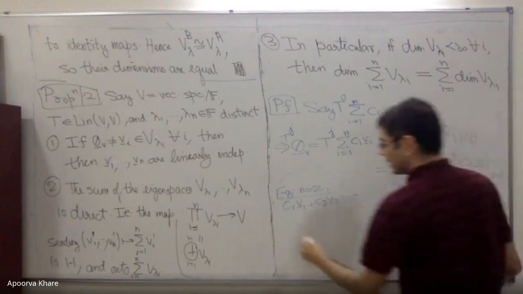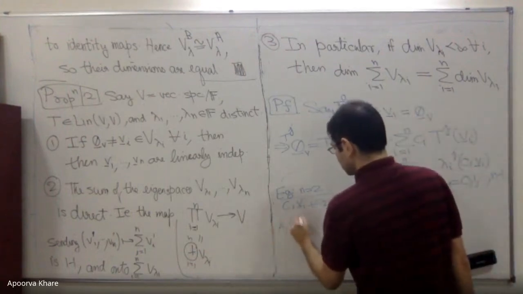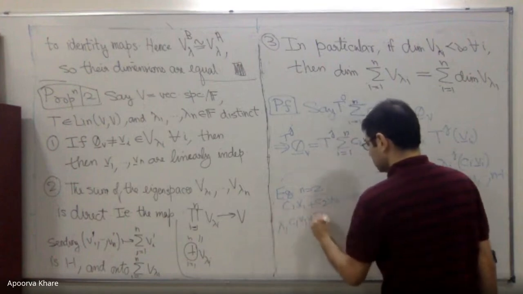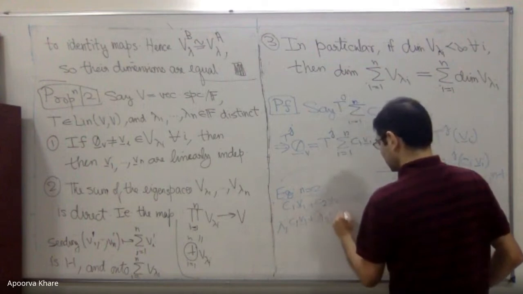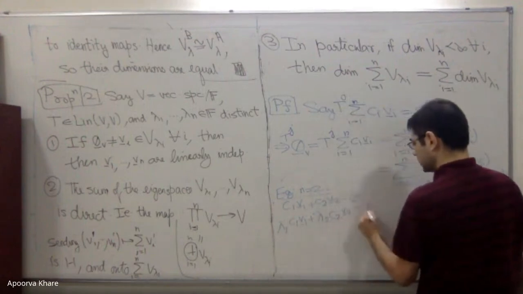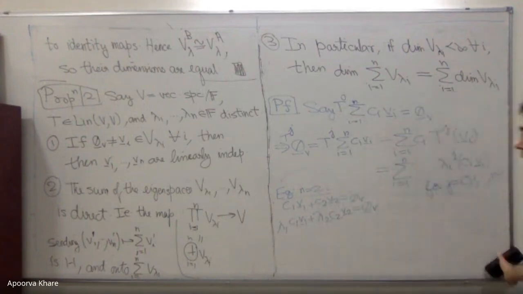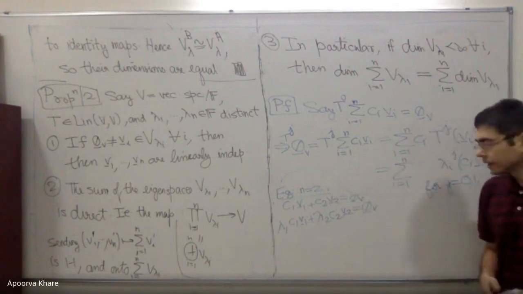And now, lambda 1 C1 V1 plus lambda 2 C2 V2 equals 0. Okay. Great. So now what do I do?